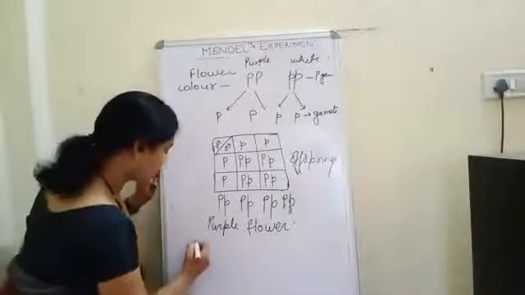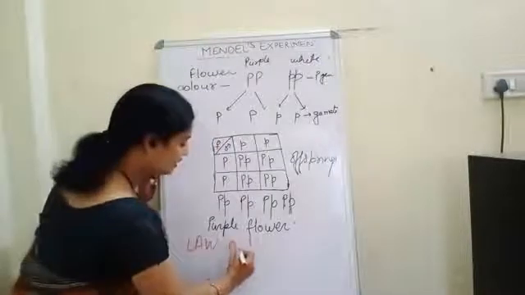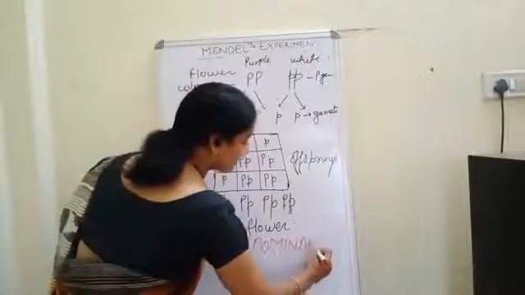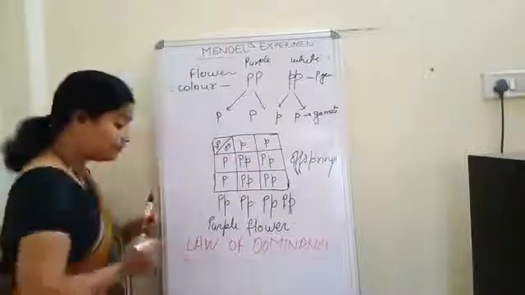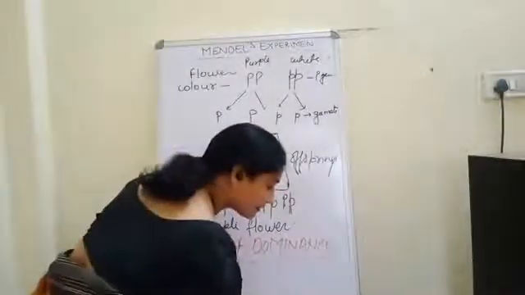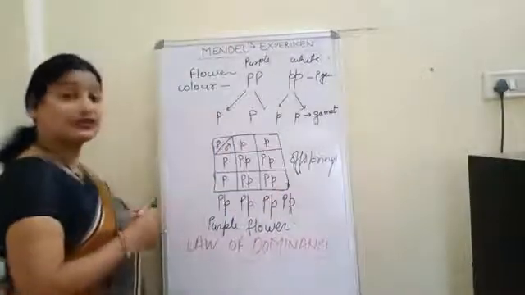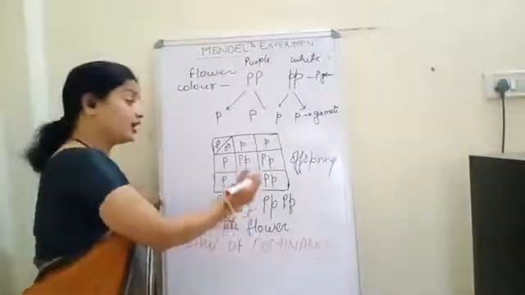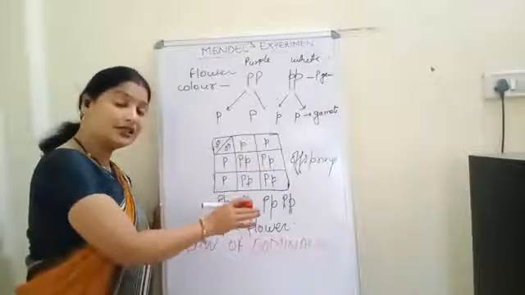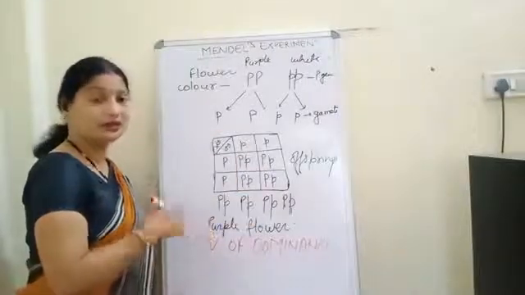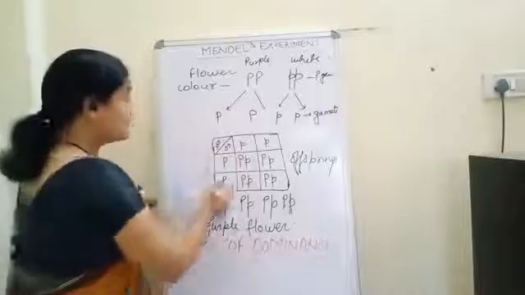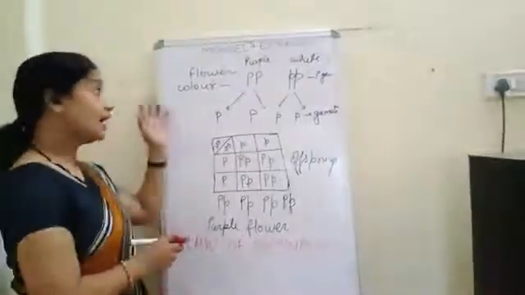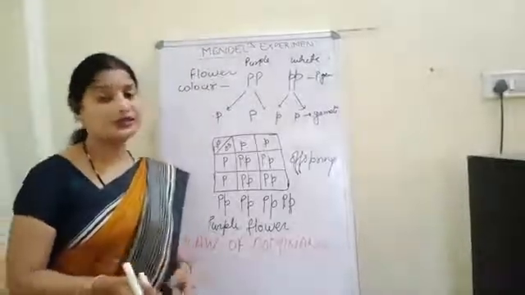Okay, what we can say, this is the law of dominance, that every time the dominating character is showing itself, and the recessive, although they are there with the dominant, are not showing their character. So this is all about the law of dominance given by Mendel. Now we will see monohybrid and dihybrid cross.